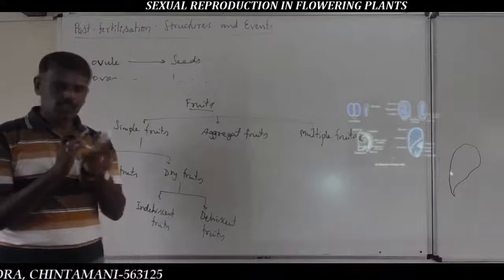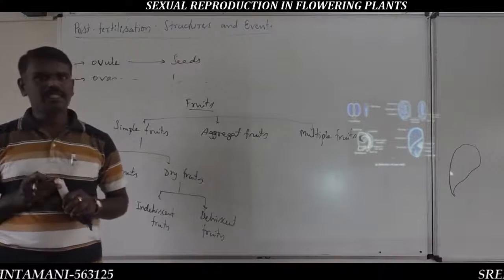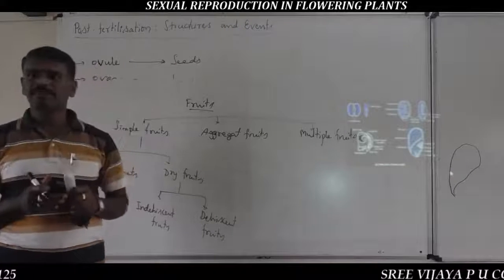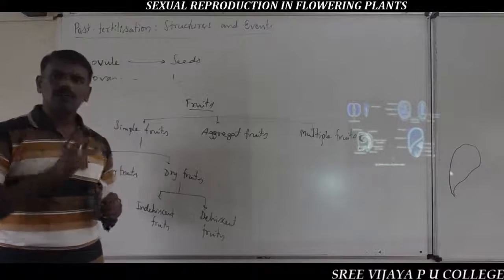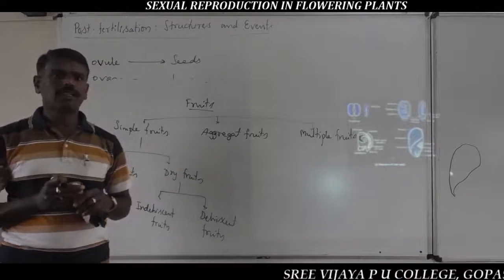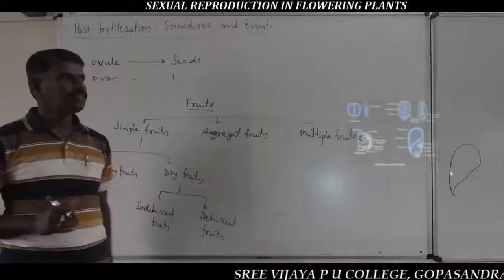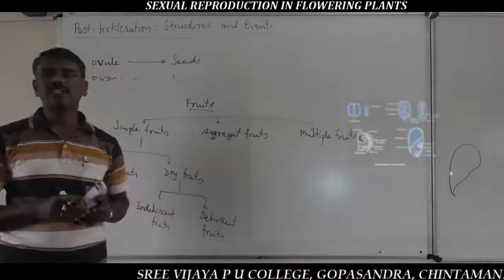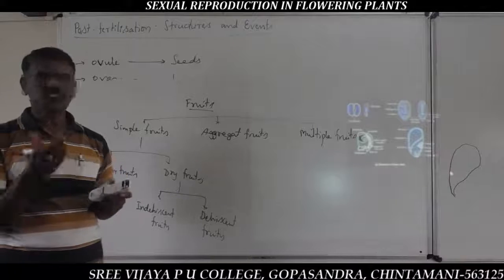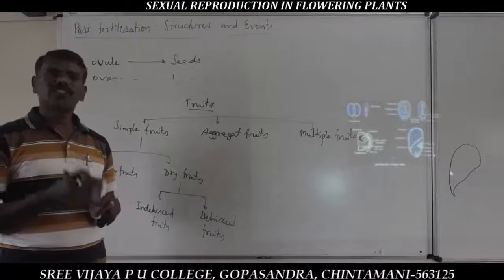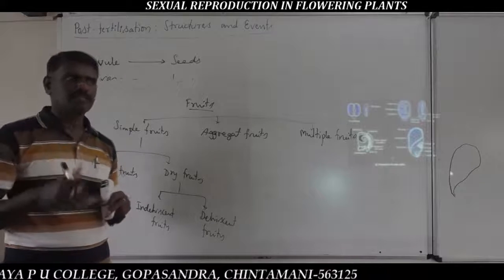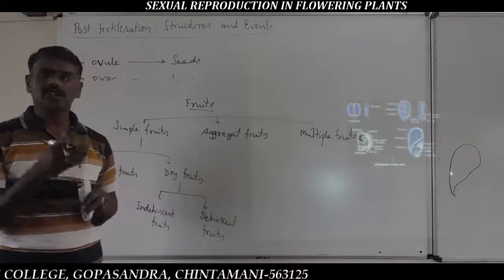The lady's finger slowly opens after maturing. Datura also slowly opens. Based on opening, these dehiscent fruits are again of different types: loculicidal, septicidal, and septifragal, depending upon the breakdown nature.